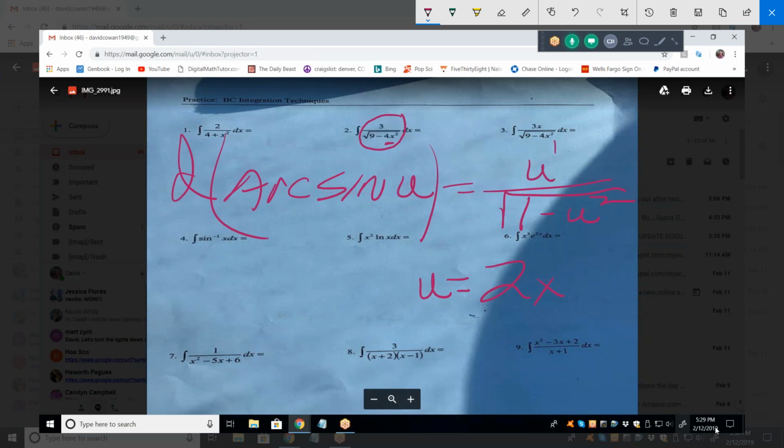Let me think about this for just a minute here. That does happen to be the difference of perfect squares. I don't know that that's going to help us any. How am I going to get a 3 down there? I think I want to divide everything by 9.